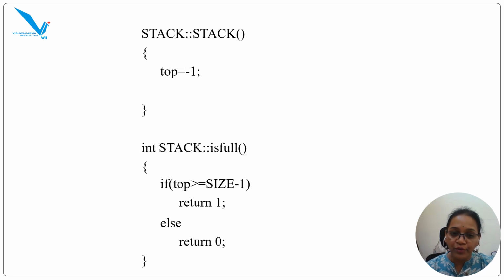Right now my size is 5. So if my top becomes greater than 5 minus 1, that is 4. If your top becomes 5, then in that case you have to return 1. It indicates that size of the array is full now. You cannot push any more element, right? So you have to return 1. And if it is 1, then it indicates stack is full.